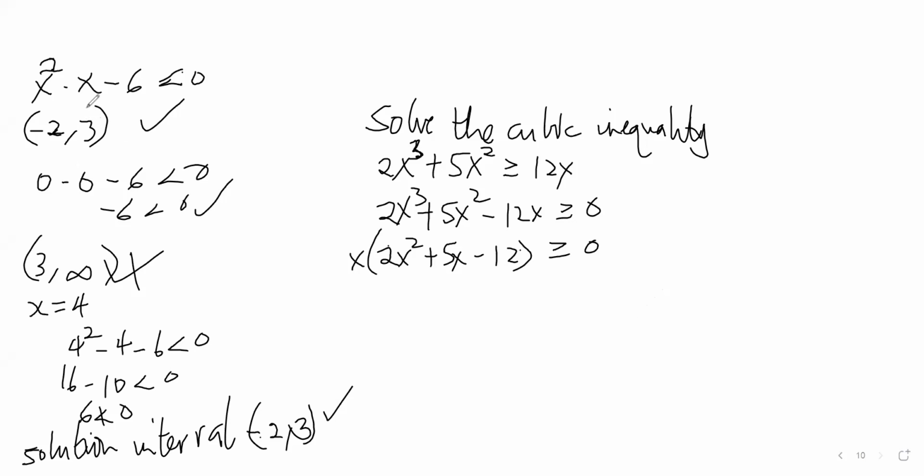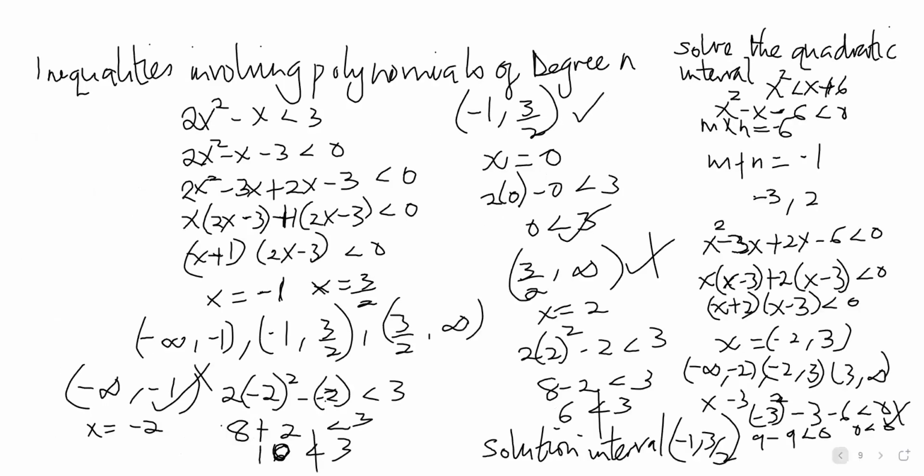the correct interval is this one. Your 2 is still here. Also, I've gotten negative 2 and 3, and also for negative infinity to negative 2, I've also gotten it. You can just check. You have x squared minus x is less than 6, that was the original equation. So the negative infinity interval has which values?